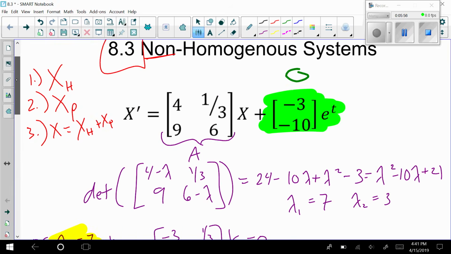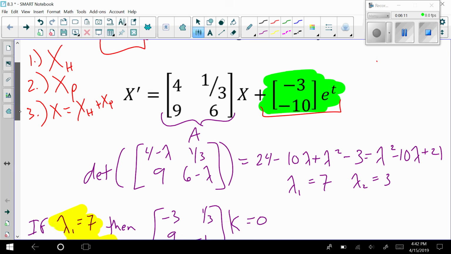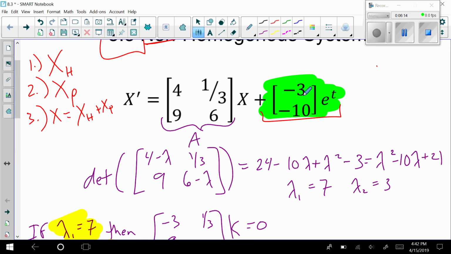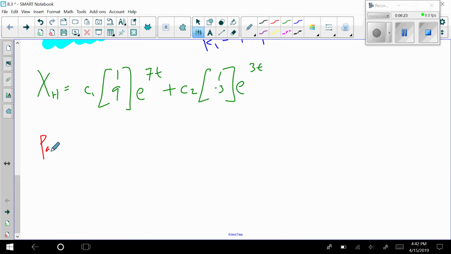Now, the thing is I highlighted this and I said this part up here was 0, but in actual reality, we know that that's not 0, which means I have to tackle this. Well, you can see that if it's of this form, with this 2 by 1 here with an e to the t, then it should follow that when I go to find the particular solution, big X sub p would be equal to some constant here and some constant there times e to the t.